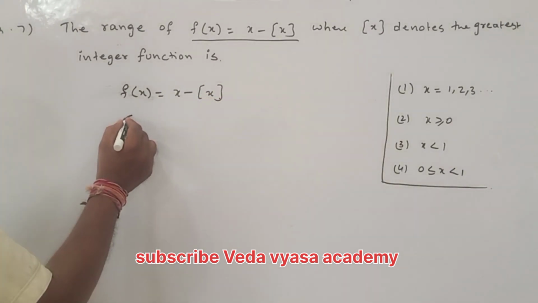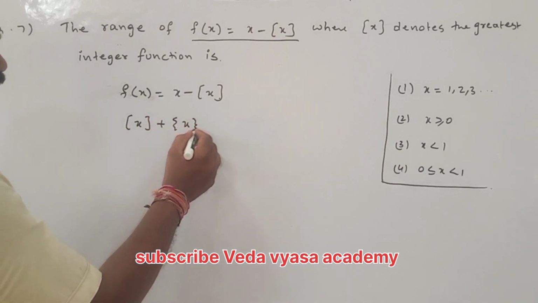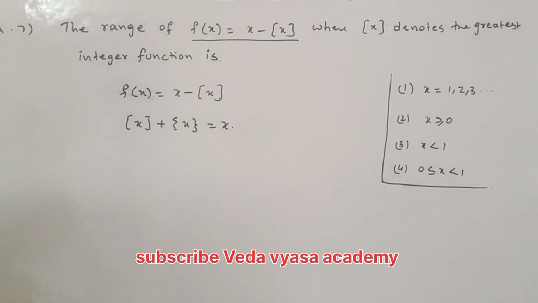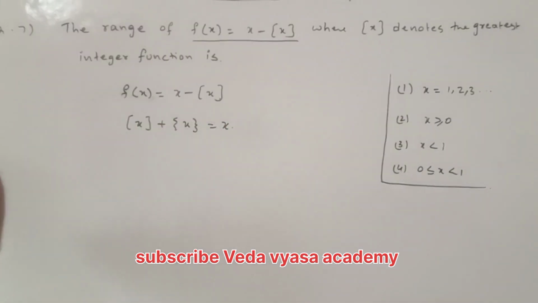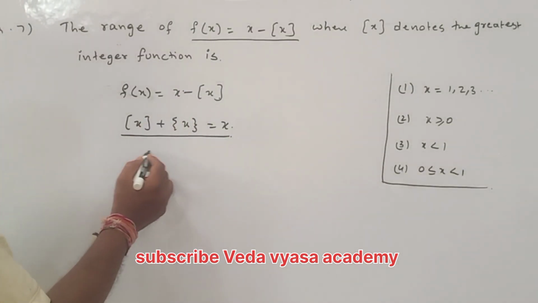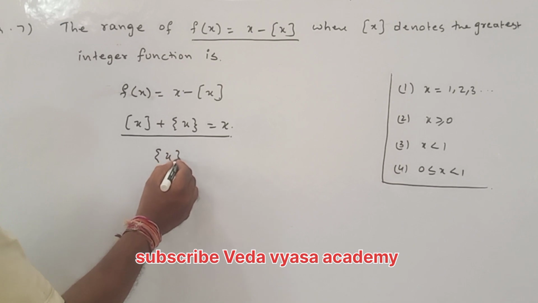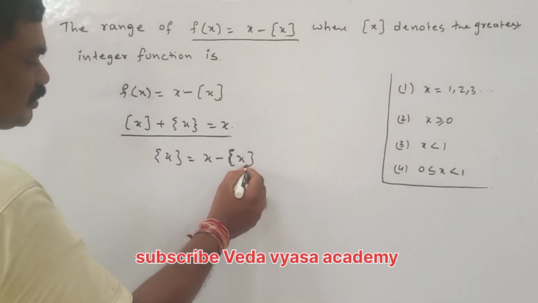So here [x] plus the fractional part of x is equal to what? X. [x] plus the fractional part of x is equal to x. So we substitute here: the fractional part of x is equal to x minus [x].